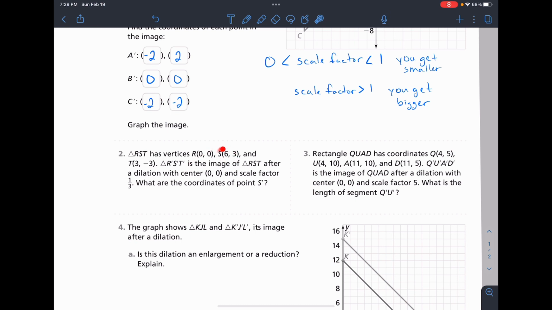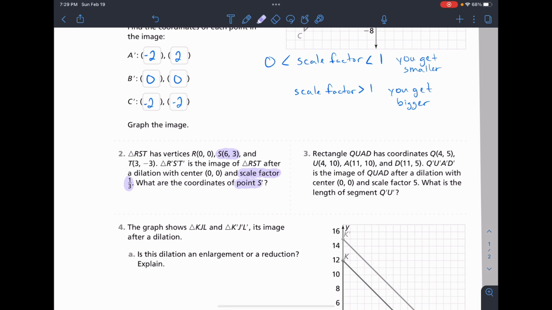So all we need to be focused on in this entire problem is S, and we're going to do a scale factor, which means we're going to multiply each of those two coordinates by a factor of 1/3, because it's only asking us for the coordinates of S prime. So we don't really need to worry about all the other ones.